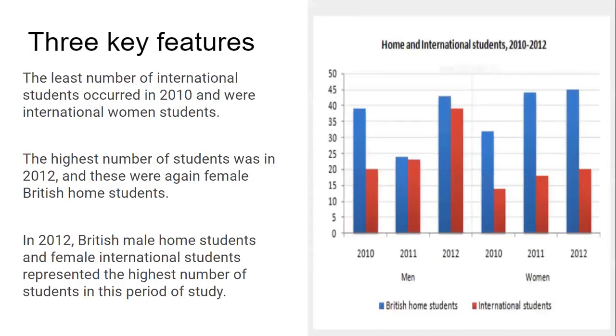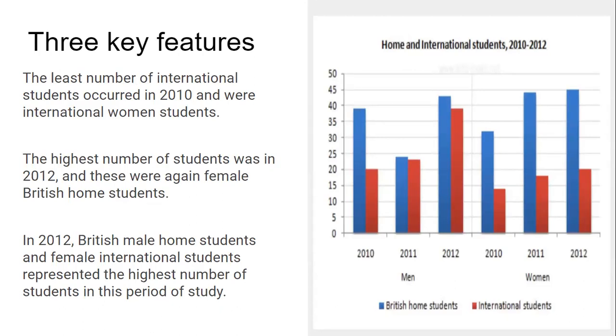Now, if you see this image, the red ones represent the international students, and the blue ones represent the British home students. If you see the lowest point, that is 2010, and women and international students. If you see the highest, it's 2012, it's blue, that is British home students, and it is again women. So two points here are very, very specific, the least and the highest.